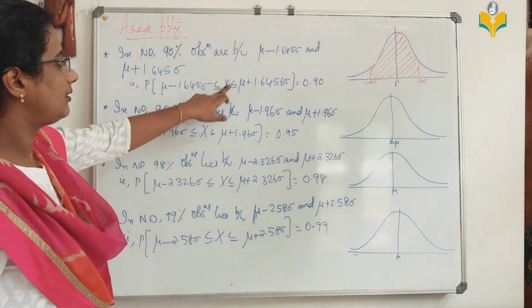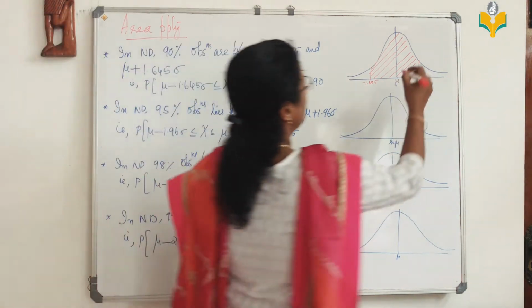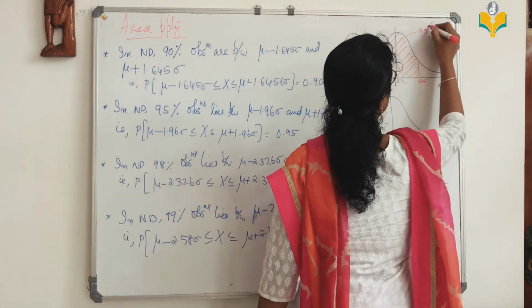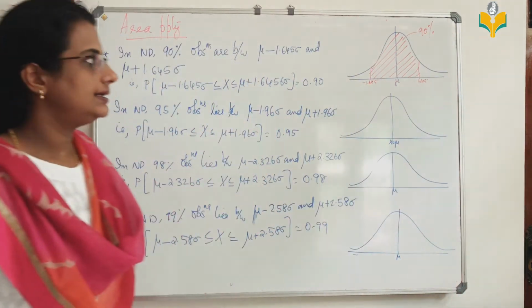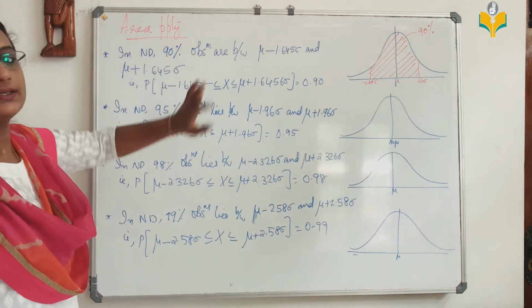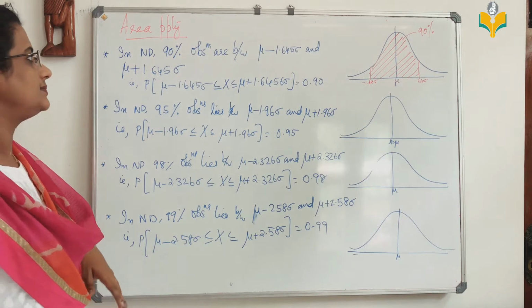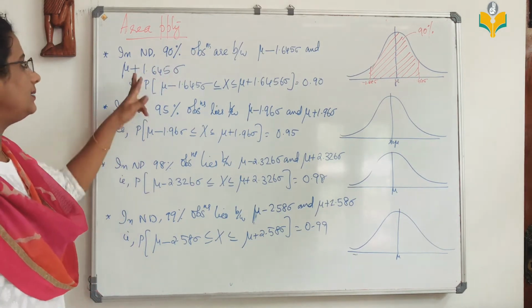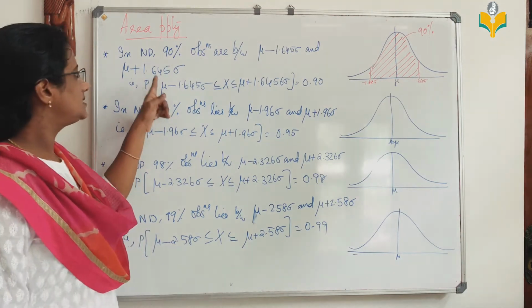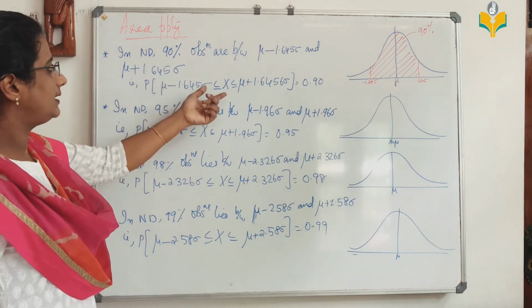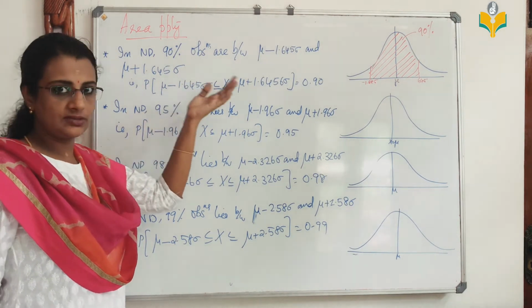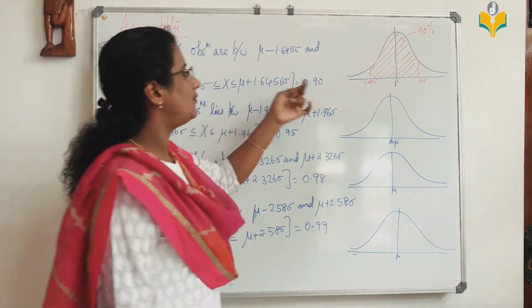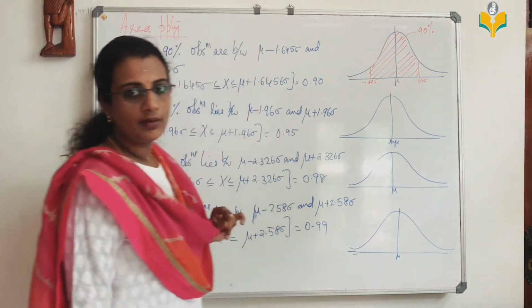The probability of getting this area is 90%. You have to learn this by heart. The probability of x lying between mu plus or minus 1.645 sigma is 0.90.